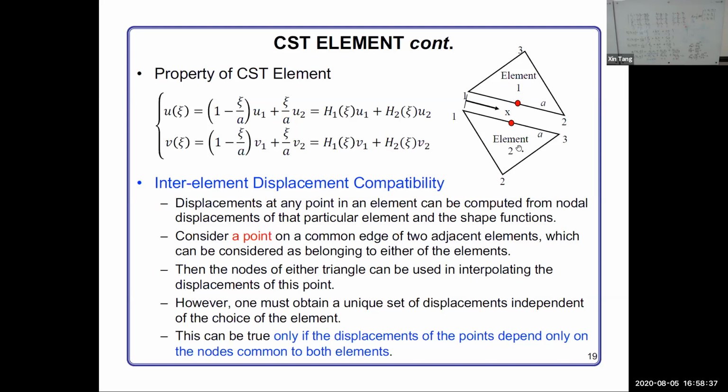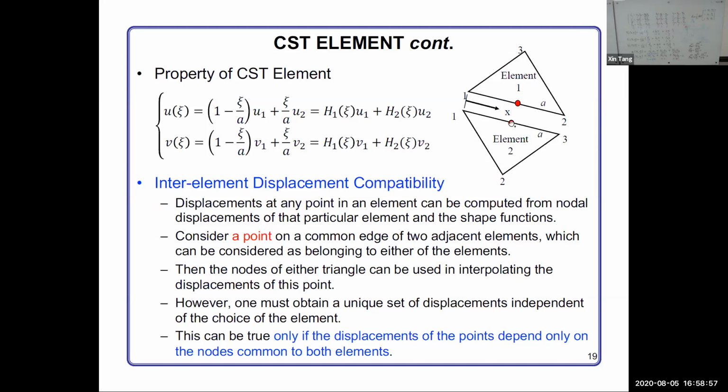So people will always ask, is it possible that the displacement I calculated here based on information in this element is different from the displacement of this point calculated by the information of this element?